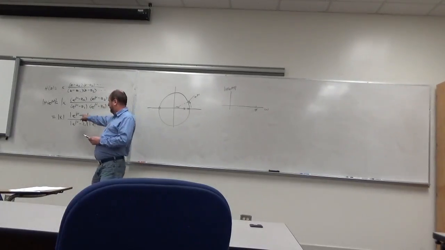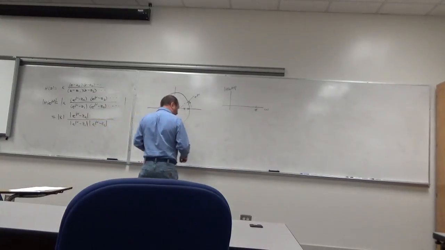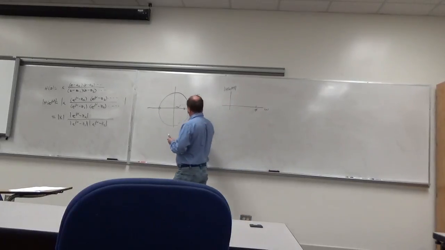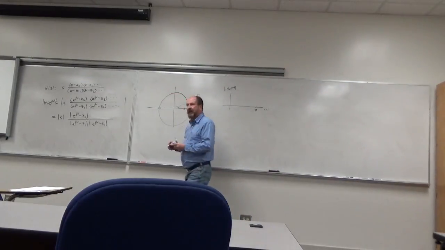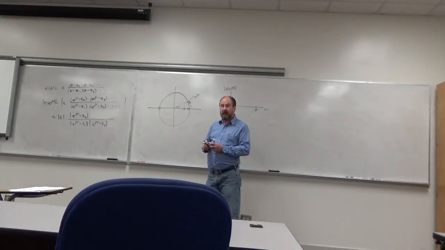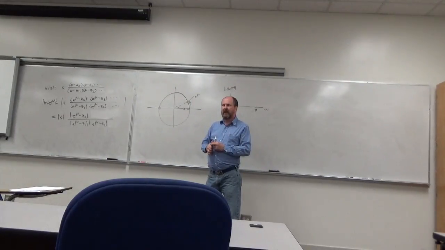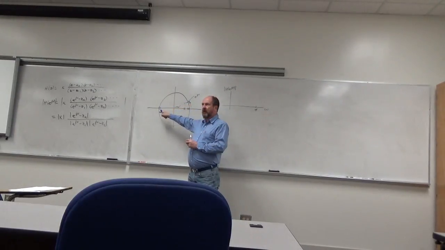What is that? e to the j omega minus z sub a. That is this, and I'll draw it in blue. e to the j omega minus z sub a is that vector, and when I take the magnitude of that vector, that's finding the length of it. The length could be called the distance from there to there.